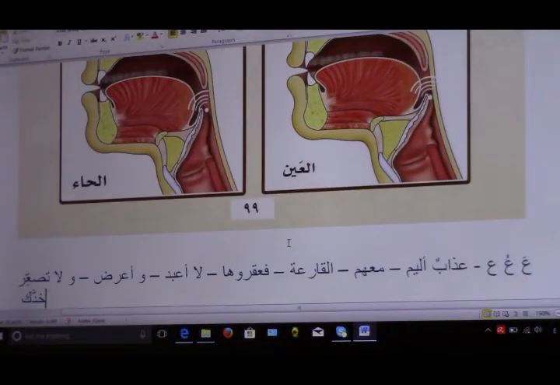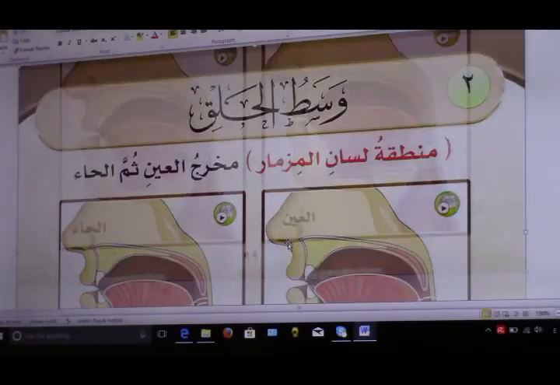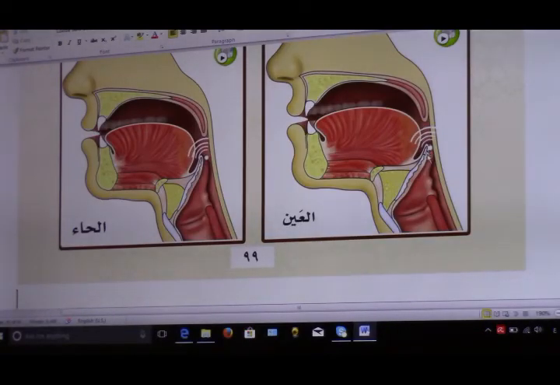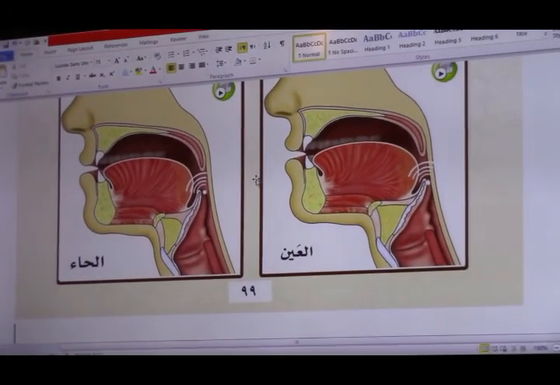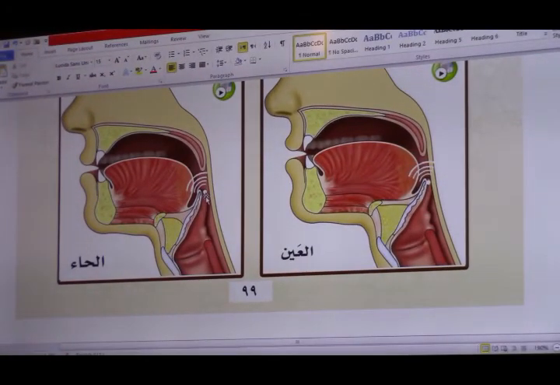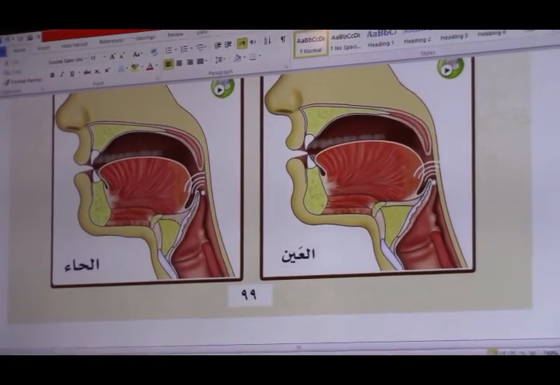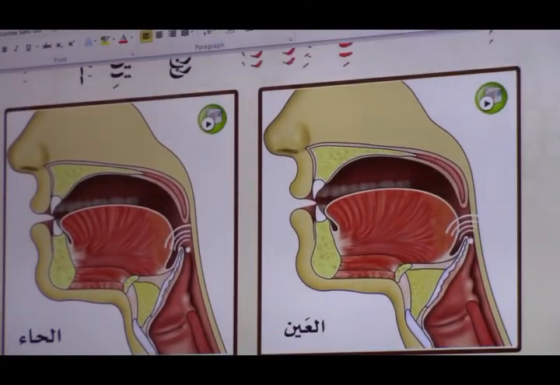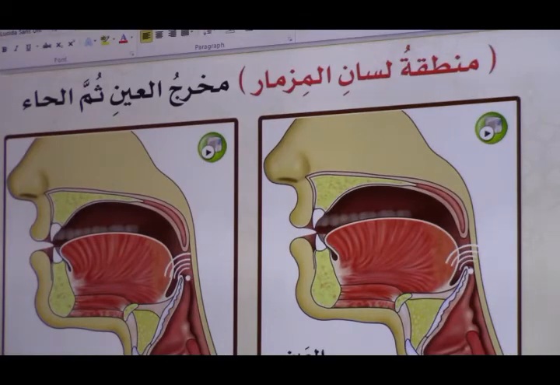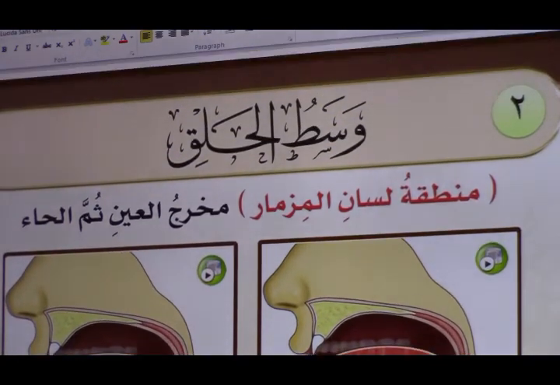Okay. Here, very, very clear picture. See the Ain? The passage is tight. Here the passage is a little bit wider. Cannot be clearer than this. May Allah subhanahu wa ta'ala reward Sheikh Ayman and whoever worked with him to make these amazing pictures and videos. Okay. Any question about the Ain and Ha?